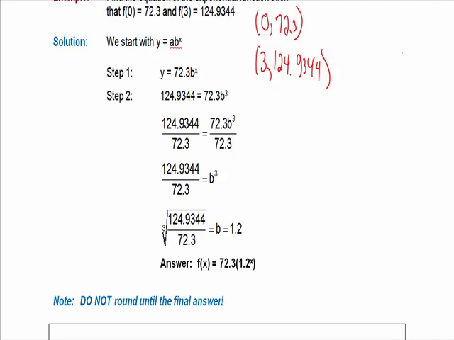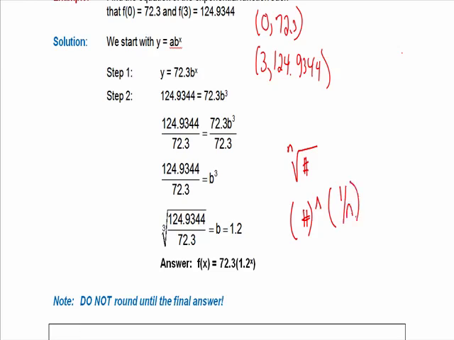Now a couple of quick comments on computing the cube root. Your calculator has a cube root function on it, but I have to confess, sometimes if I want to do a particular root, I actually do it this way in my calculator. If I want to do the nth root of some number, what I actually put in my calculator is parentheses, the number, and then I raise it to the 1 over n power.